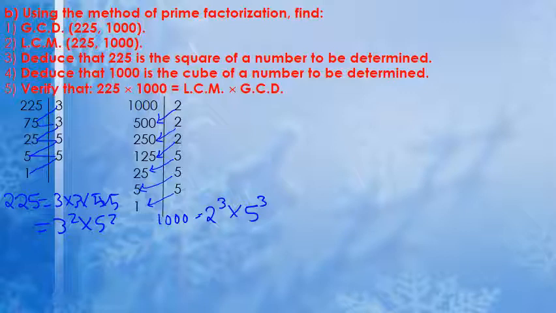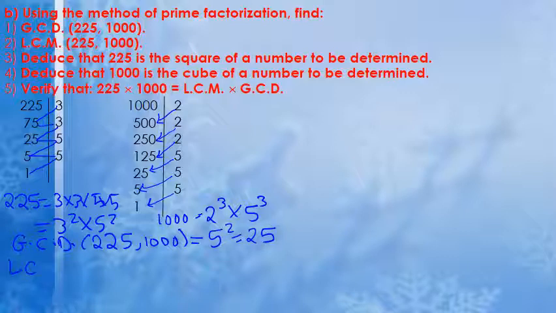Now we should find the GCD of 225 and 1000. In GCD, we choose the common factors with the less power. Here 3 is not common and 2 is not common. 5 is a common factor. We take the less power. 5 squared is equal to 25.